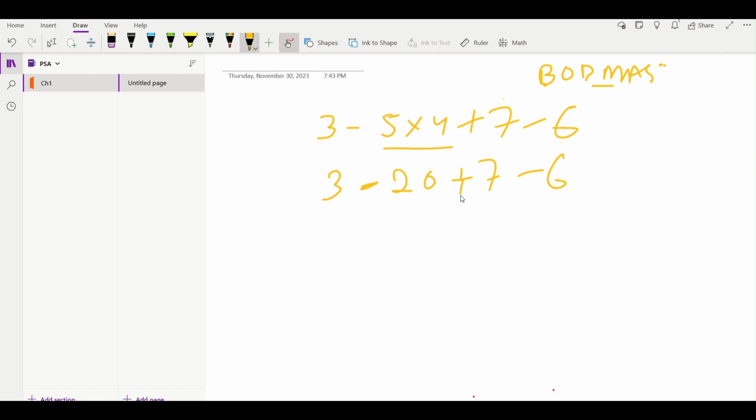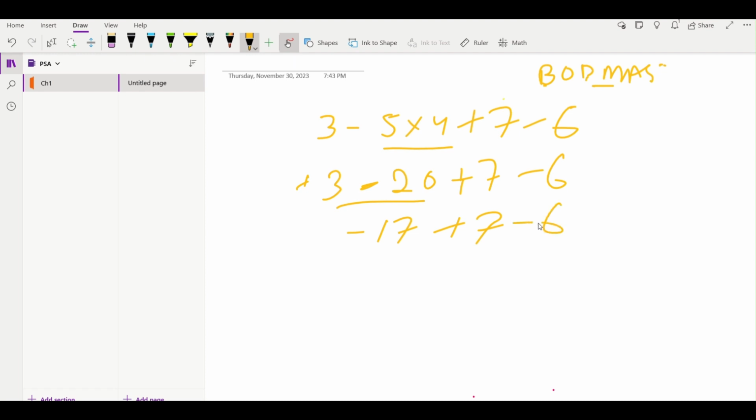Then we have the addition and subtraction terms. Whatever comes first, we have to solve that first. So addition here comes first, so we solve these two: 3 minus 20 is minus 17, then plus 7, then minus 6.